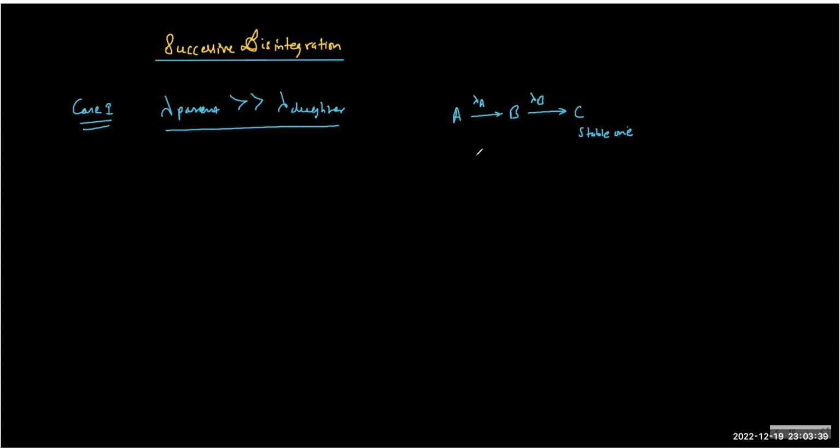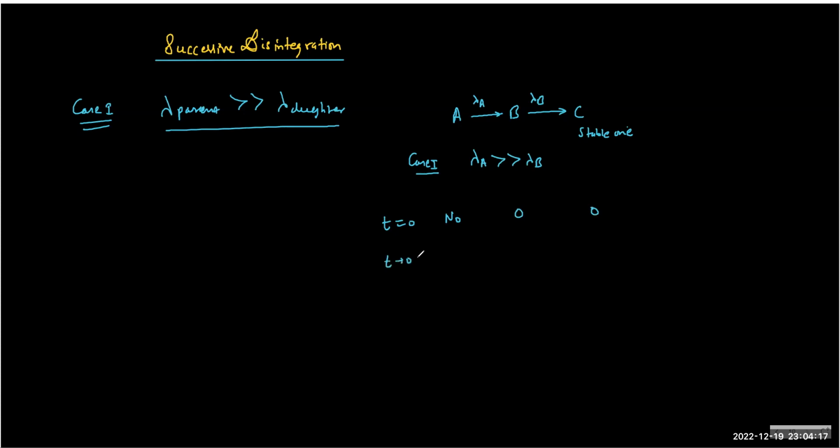And here, what is the condition? I'm taking case 1. We'll solve one by one. Case 1: I'm assuming that lambda A is much, much bigger than lambda B. So A is in a real hurry: I don't want to live further, you just take all my money and spend as per your decay constant, your ability. So if I think this way, at t equals 0, A is N naught, and B is 0, C is 0.